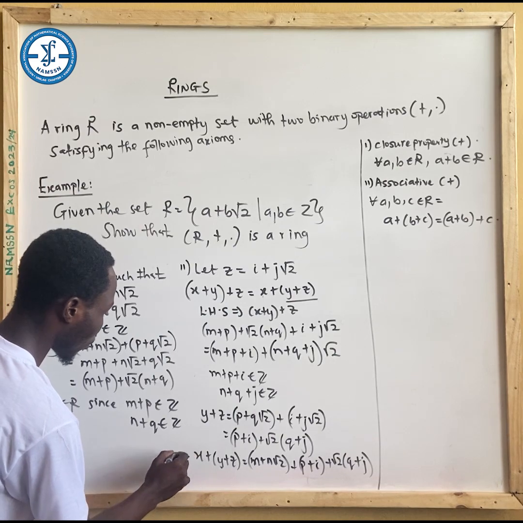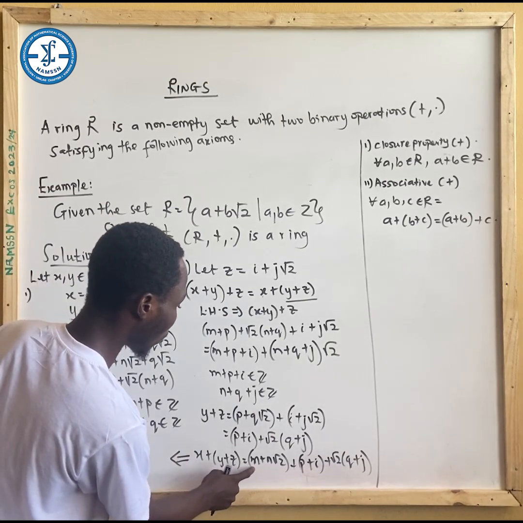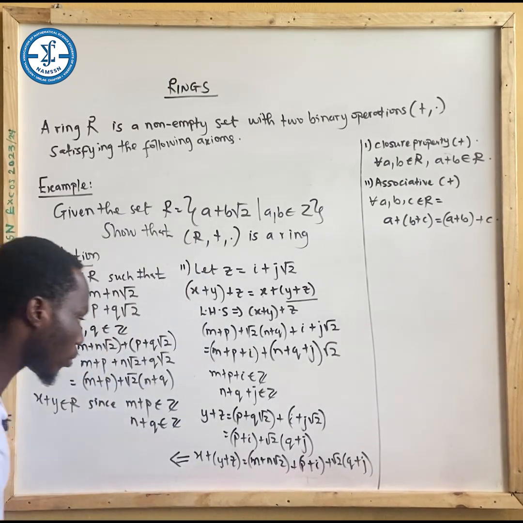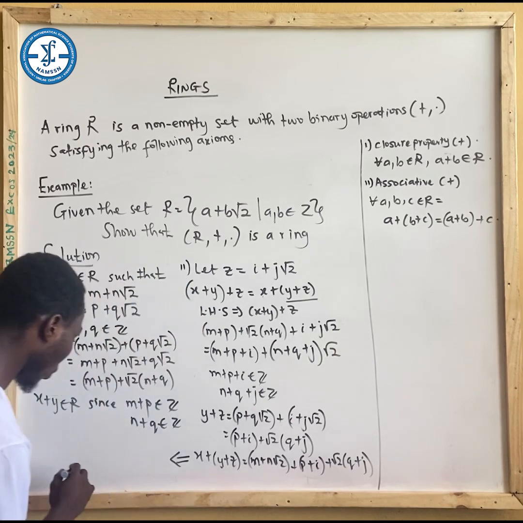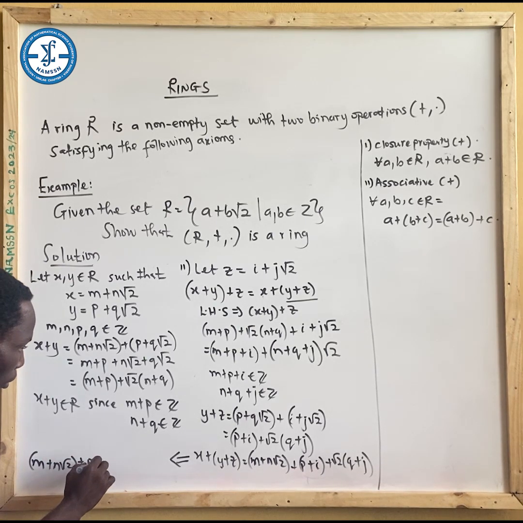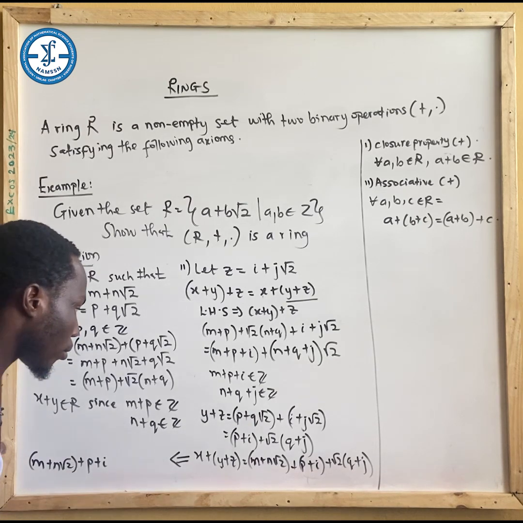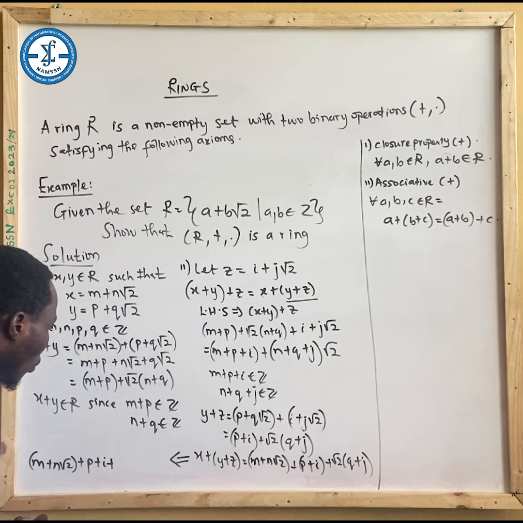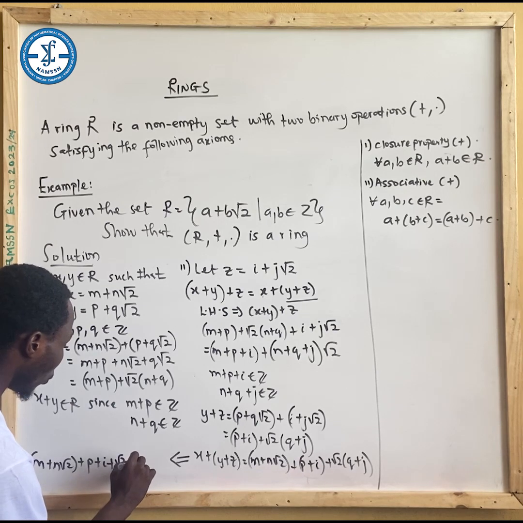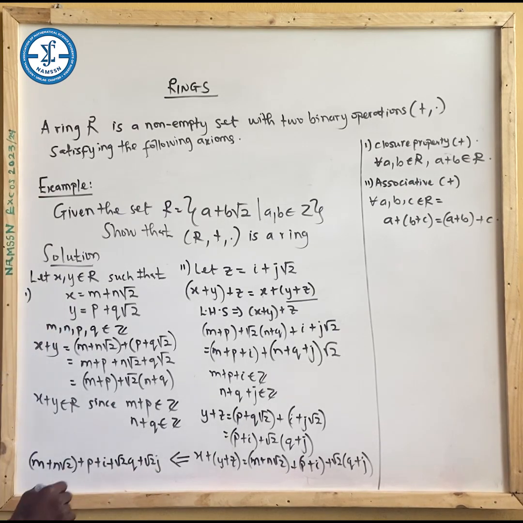So from here, let's expand. We have m plus n root 2 plus p plus i plus root 2 q plus root 2 j. So this can be written as m plus p plus i.